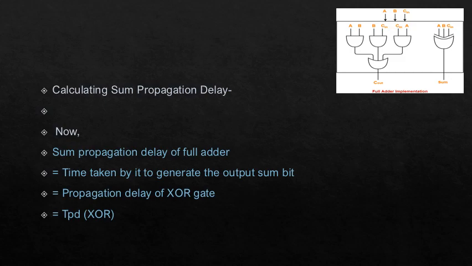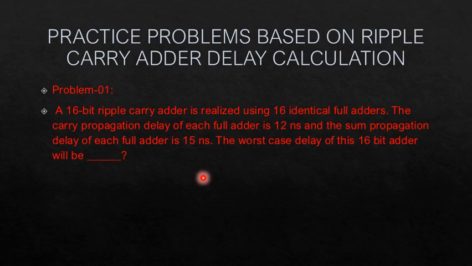Now we have got the carry propagation delay and sum propagation delay of the full adder, and our problem is reduced to a type 1 problem. We use the same formula as in the type 1 problem to make the required calculations. I will show a practical problem based on the ripple carry adder for delay calculation.